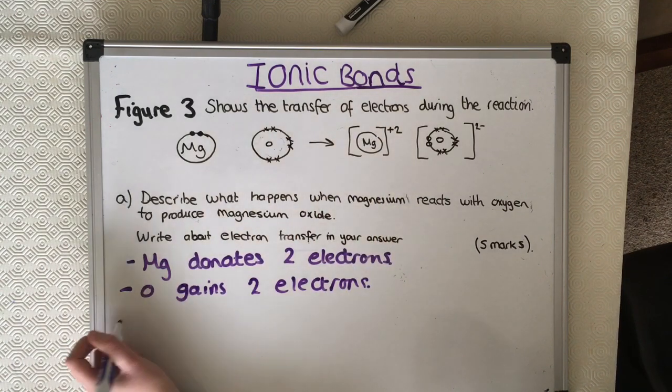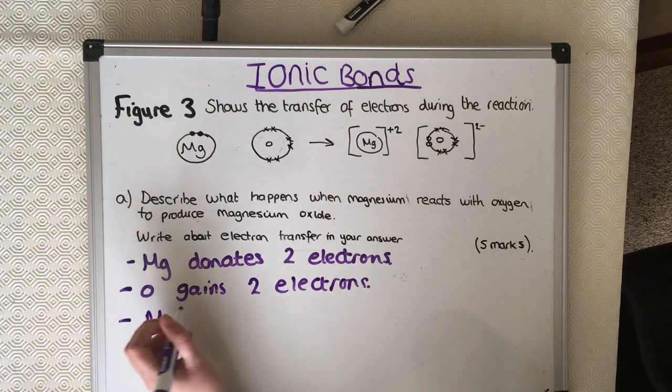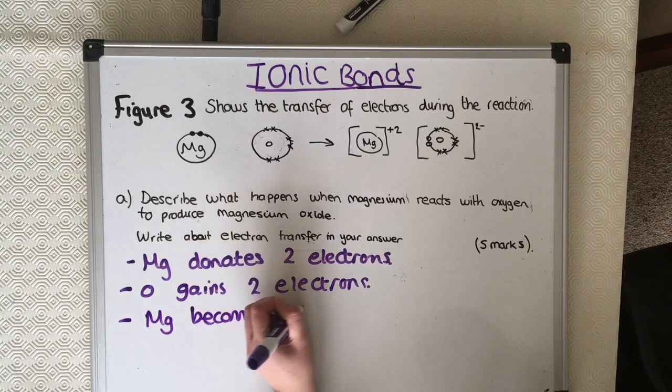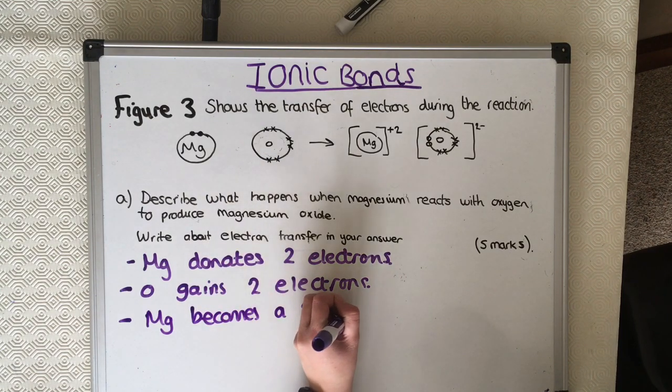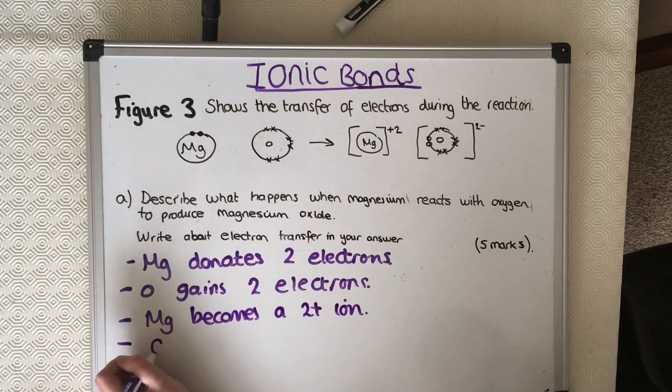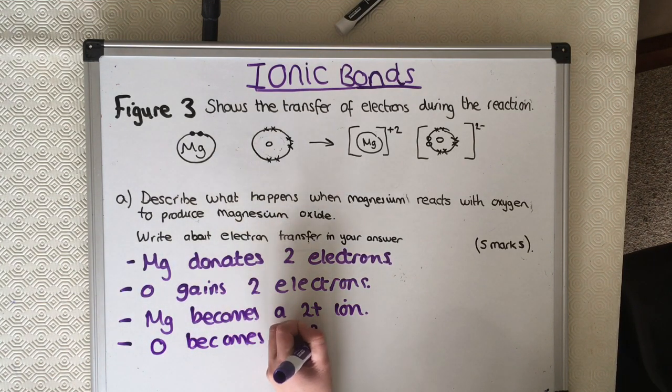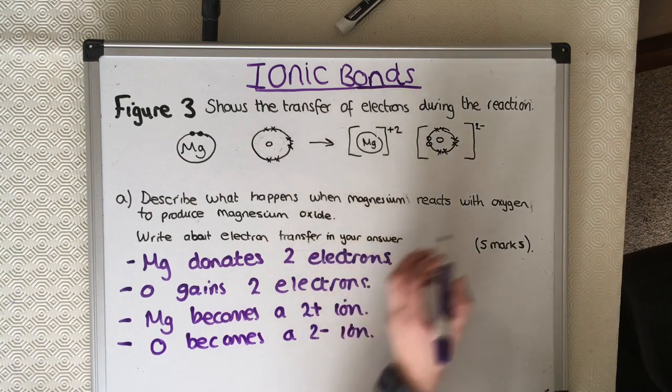What does Mg become? It becomes an Mg2+ ion. Oxygen becomes a 2- ion, and that's all in the question.